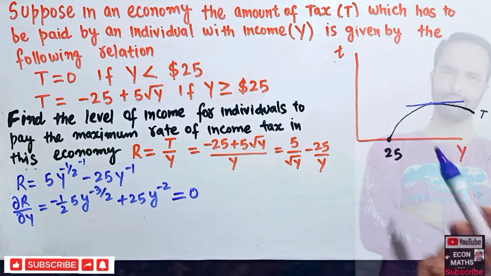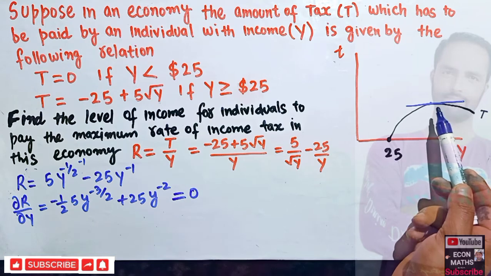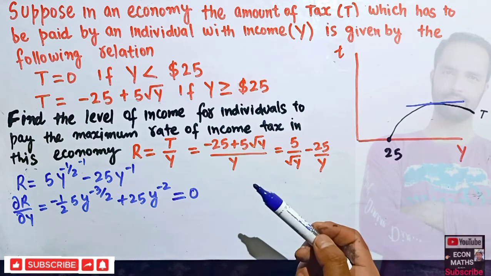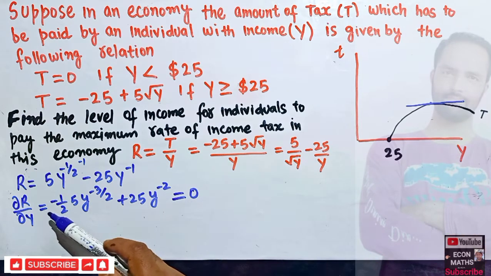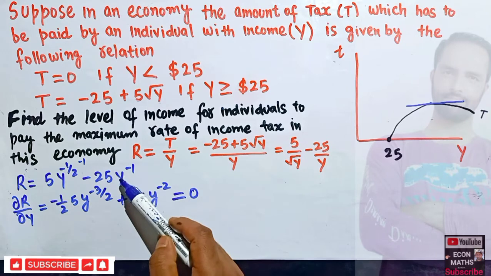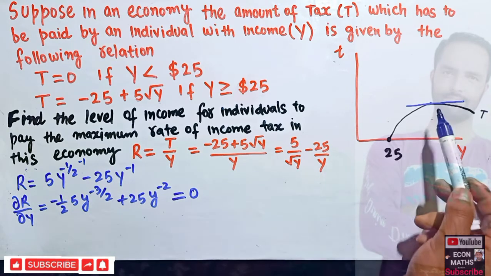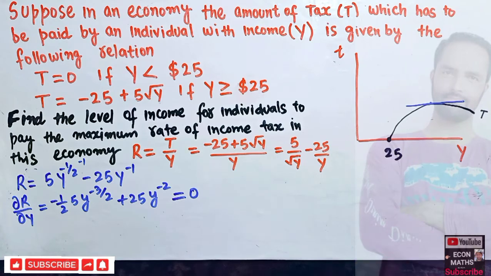We need to find the maximum tax rate, and corresponding to this we will find the level of income. So this is our tax rate function. When the slope of this tax rate function is equal to 0, we will get the maximum tax rate.